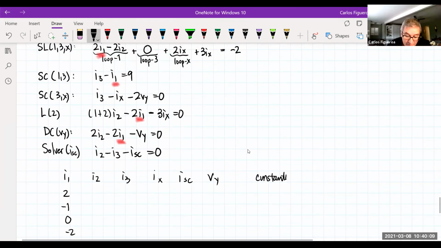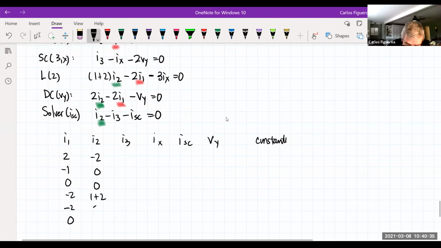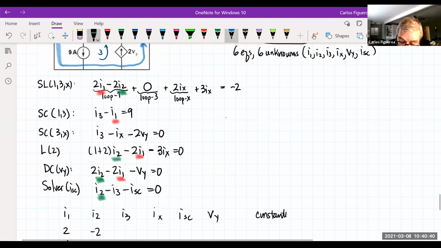Now I'm going to go after I2. I2 should be here, here, there, and there. So then I go minus 2, 0, 0, 1 plus 2, and then I get 2 and 1. Now I'm going to go after the next. So the next one is 3.